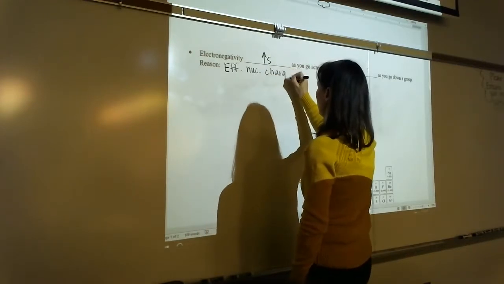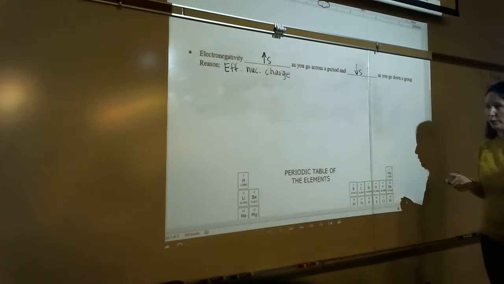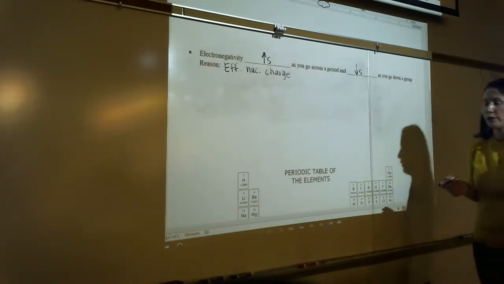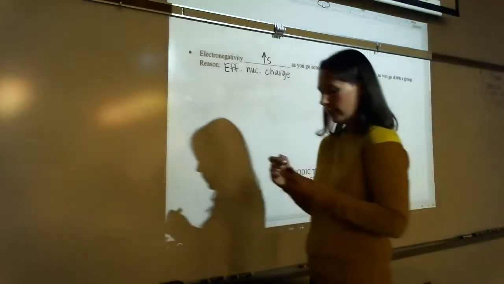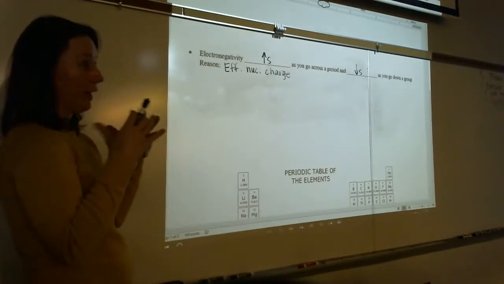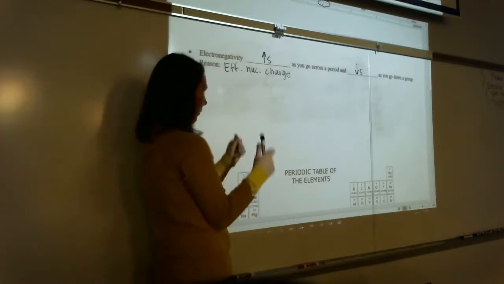It's really the same for all of them; I'm just rephrasing it. Do you remember which element is the most electronegative? Fluorine. Fluorine's most electronegative, right? Again, the charge on the nucleus is increasing. Those electrons are being bound more tightly to the nucleus. And if they're being bound more tightly, they're not going to share very well.